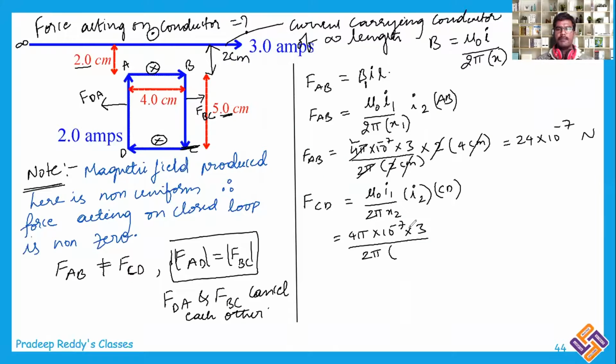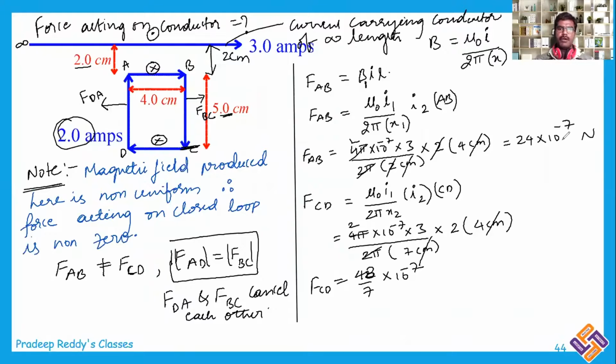Therefore, it is 7 centimeter, into the current in this segment, 2 ampere, and this length is 4 centimeter. Fine. Centimeter gets cancelled. This 2 pi and this 2 get cancelled. It is 3 times 2 is 6, 6 times 2 is 12, 12 by 7 into 10 power minus 7, and 4 is left over here, into 4. 12 times 4 is 48. This is FCD.